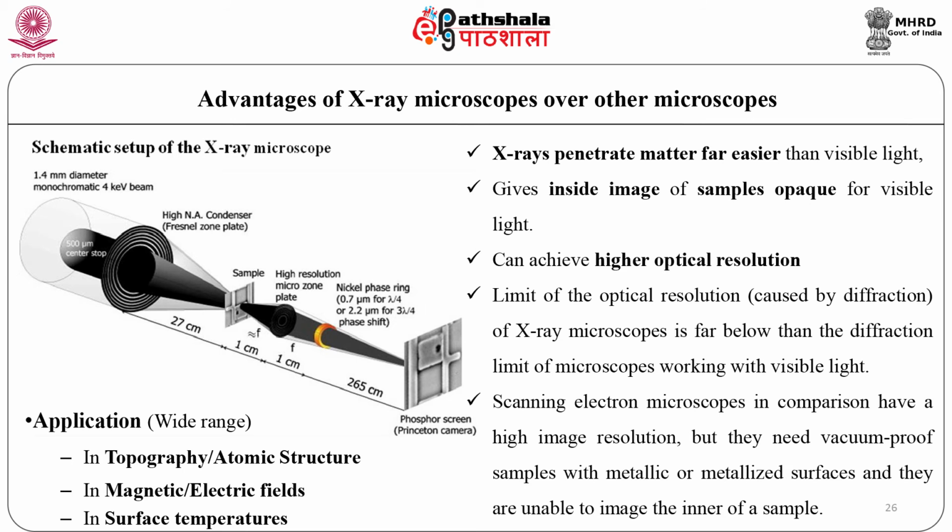Scanning probe microscope has a wide range of applications. For example, in topography or atomic structures, in magnetic or electric fields, or in surface temperatures. Based on our objectives, we can choose any of these techniques and we can study the specimen.